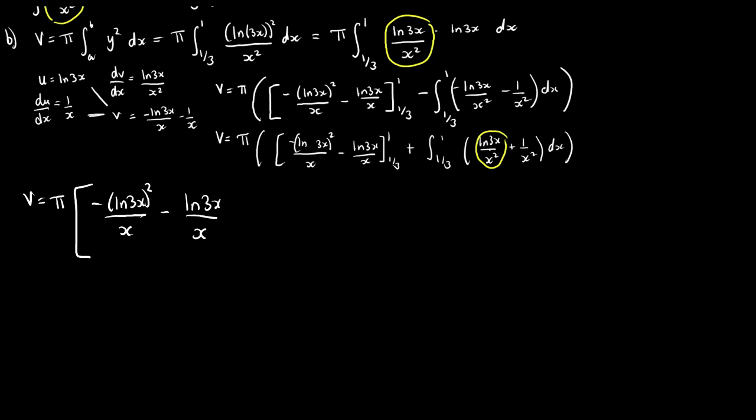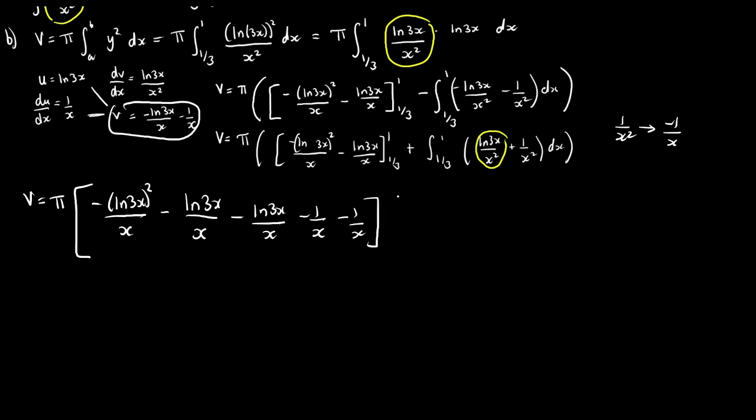Now if I were to integrate that thing, I'm going to get minus log 3x over x, another term, minus 1 over x. And to integrate 1 over x squared, we did that earlier, that becomes minus 1 over x. We get another one of those. Then we're evaluating that between 1 and a third.